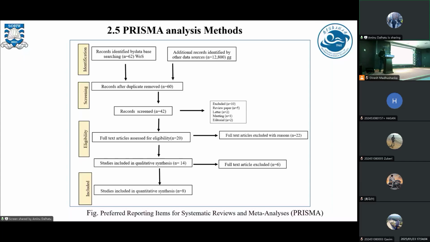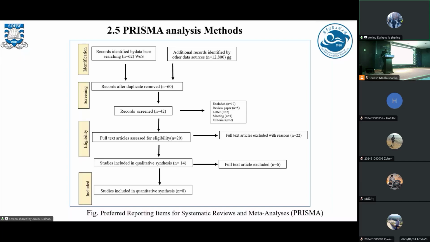After it gets a volume, they upload again. So when you screen, the duplicated ones are excluded. In screening, the records screened were 42, and I excluded review papers, letters, meetings, and editorial papers.